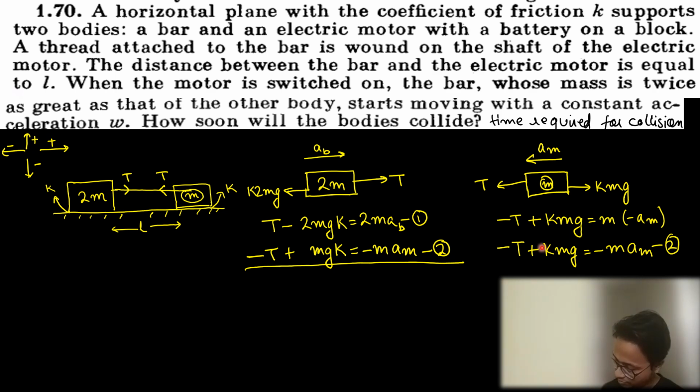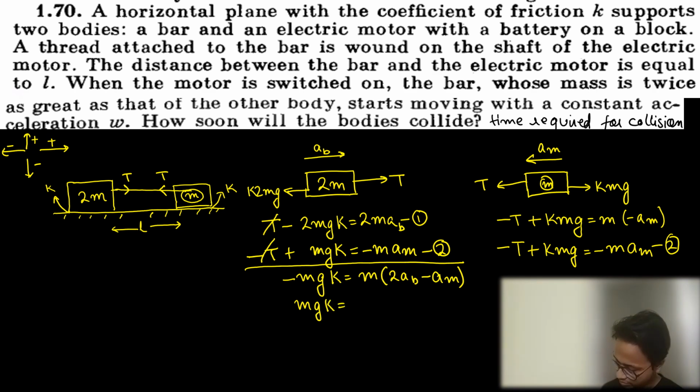I wrote the same equation out here. Okay, now let's solve these two equations. Plus T minus T gets cancelled, so it would be minus mgk is equal to m into 2 acceleration of block minus acceleration of motor. Okay, or if I multiply the left hand side by minus 1 and the right hand side by minus 1, what do I get?